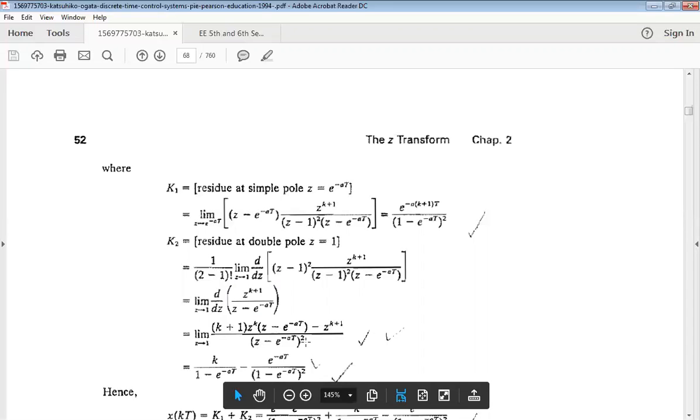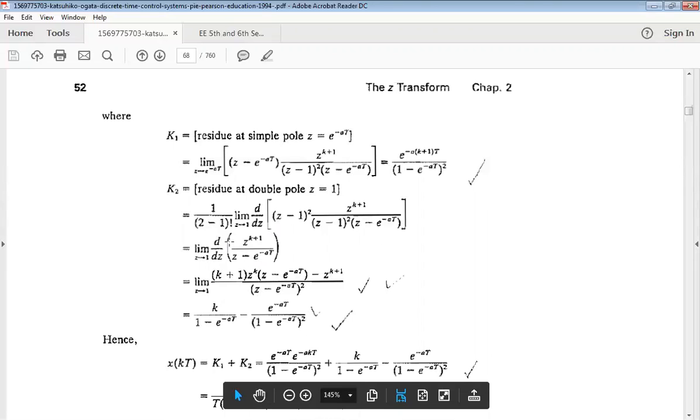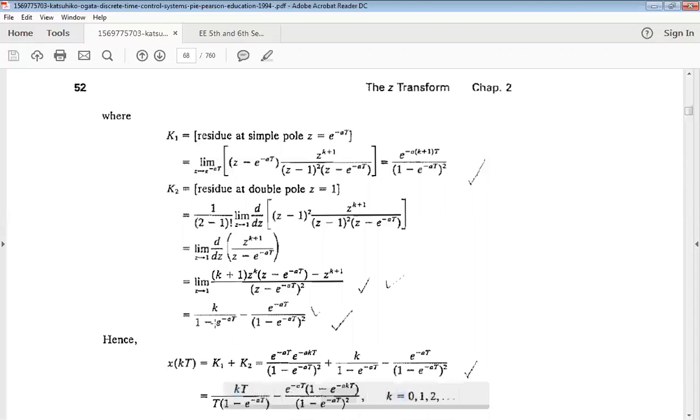Yes or no? And finally you have to put the value z = 1.